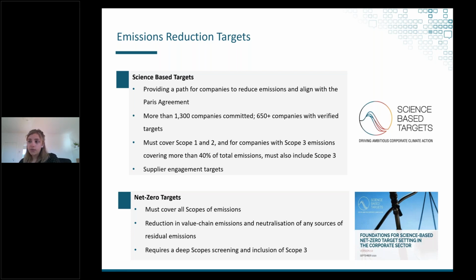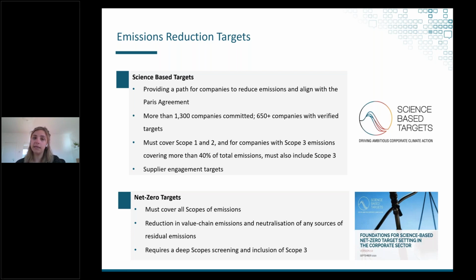Reaching a state of net zero emissions for companies implies both achieving reduction in value chain emissions in alignment with the Paris Agreement, and, second, neutralizing any source of residual emissions by permanently removing or offsetting the equivalent amount of atmospheric CO2. So all in all, net zero targets are based on a 1.5 reduction science-based target, and then carbon offsetting or removal.